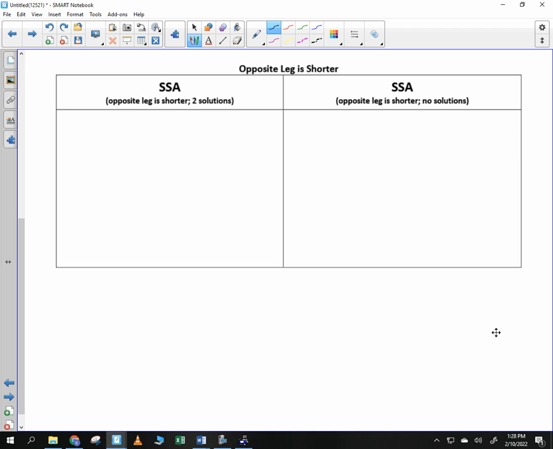Side-side angle, we're going to investigate a situation where the opposite leg is shorter than the other given side. I want you to draw a triangle that looks about like this.